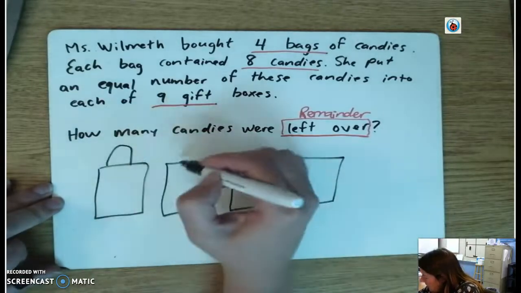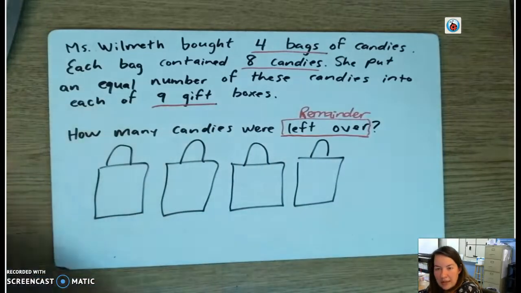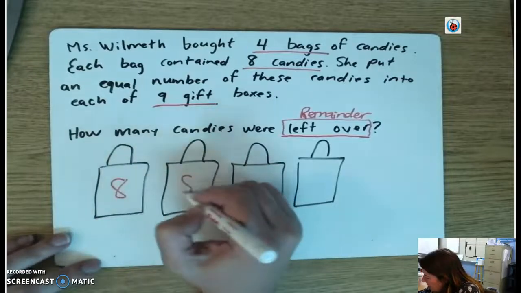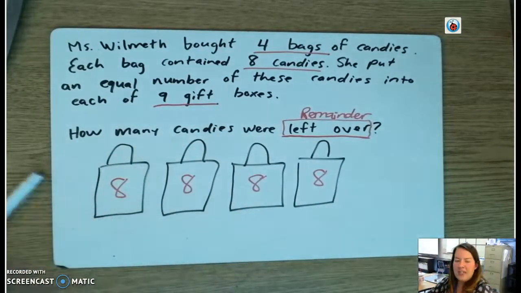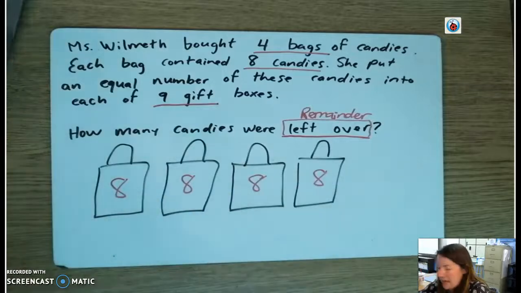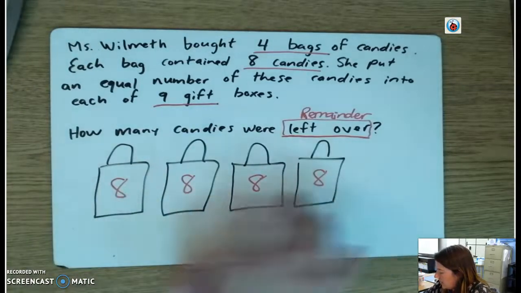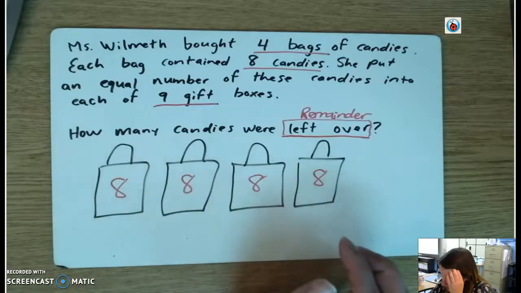All right, look at my fun little bags. How much is in each bag? It says there are 8 candies in each bag. I'm going to put an 8 in each bag. Now we first have to figure out, well, how much candy that is. So if there is 4 groups of 8, so 8, 8, 8, and 8, how much is that?